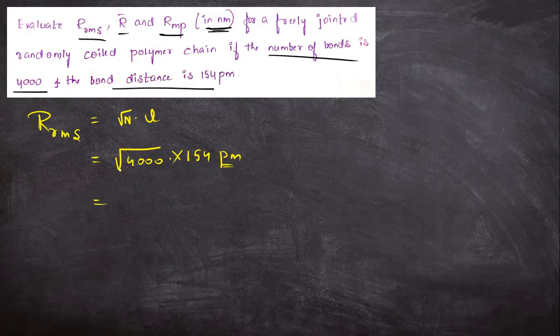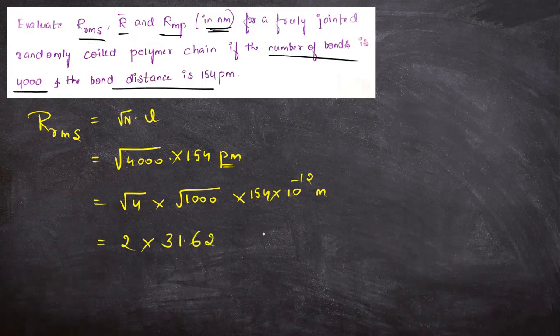Let me tell you, if such a question is asked in NET, try to simplify the thing. Like root 4000, can I simply write it as root 4 into root 1000, into 154 into 10 raised to minus 12 meter. Pico is nothing but 10 raised to minus 12. So root 4 is 2, into root 1000, the value you need to remember, is 31.62.